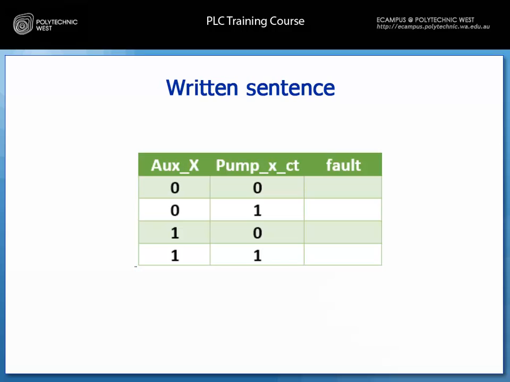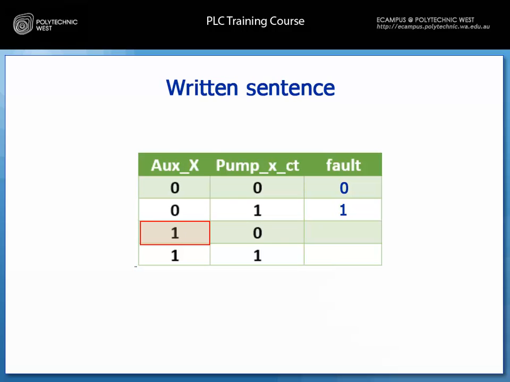X is running correctly. We can use a truth table to show the possible combinations. If the auxiliary X is off and pump XCT is off, then this isn't a fault. We show a 0. If auxiliary X is off and pump XCT is on, then this is a fault. We show a 1.